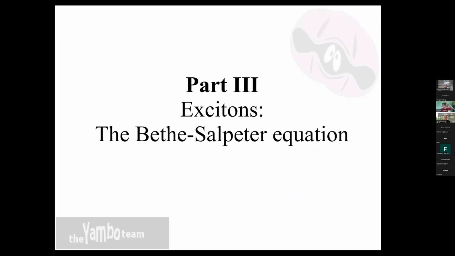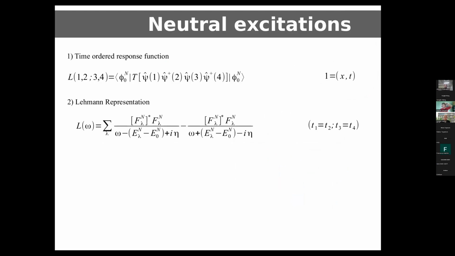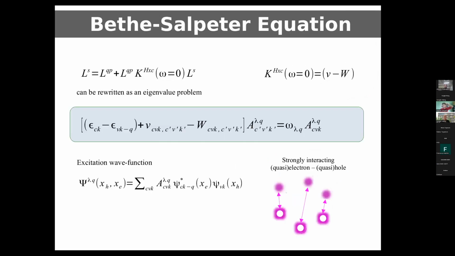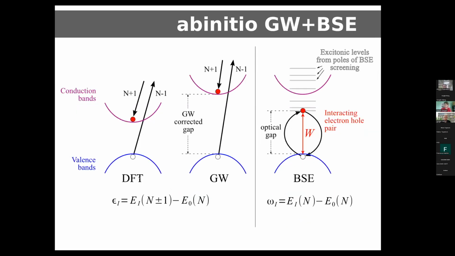I think I will skip this part, just to mention that with Yambo you can also solve the Bethe-Salpeter equation, which describes what happens when you excite one electron from the valence to the conduction band, and this electron and hole interact, forming an exciton.